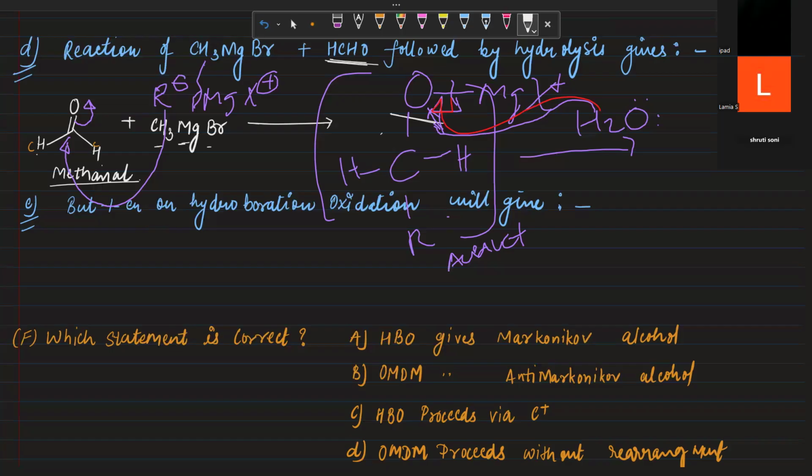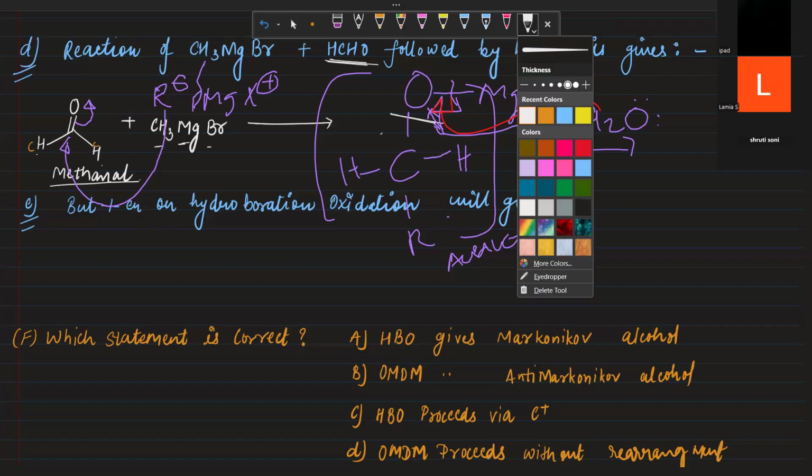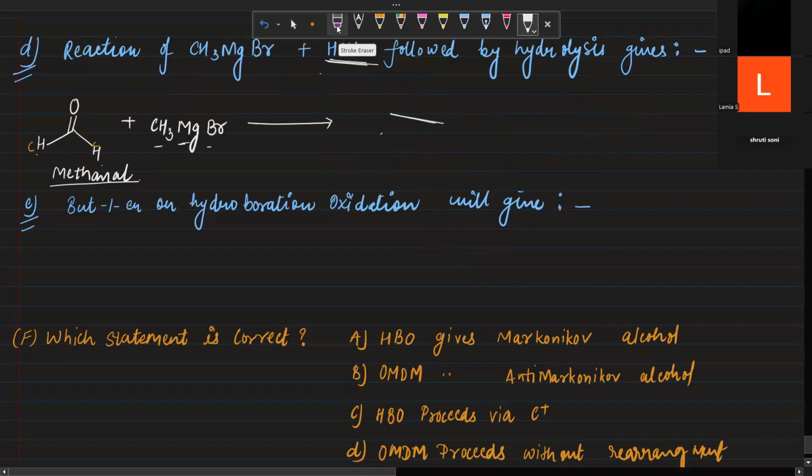And then the product is just going to be butanol, right? How butanol? CH3MgBr plus HCHO. Firstly, erase all this part which you drew. Okay.